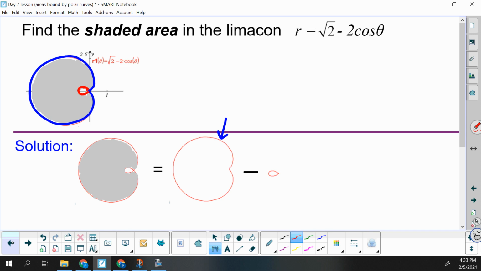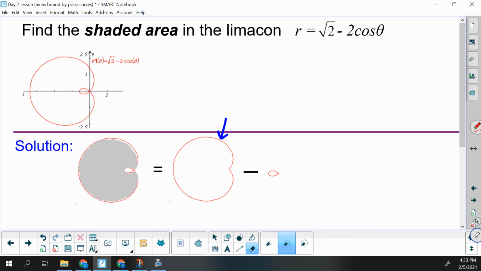So let's go back to the graph here. And I think it's always helpful to sub in 0 and see where that point is going to be. When we sub in 0, cos of 0 is 1, so we'll get square root of 2 minus 2. Well, 2 is really square root of 4, so square root of 2 minus 2 is a negative number. So this is actually our point at theta equals 0.